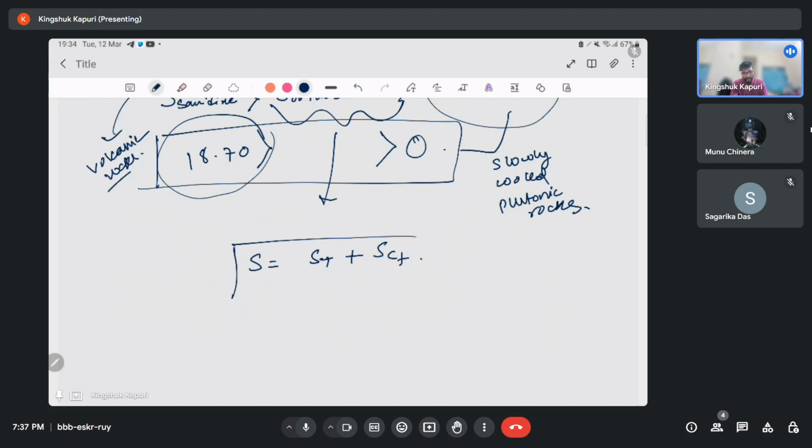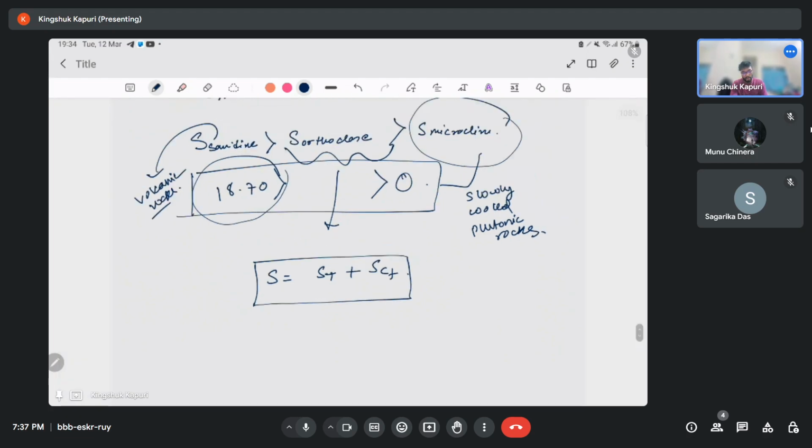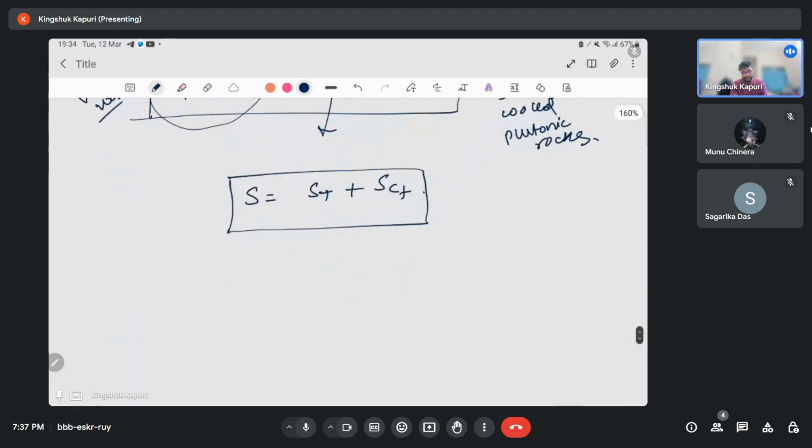The summation of thermal entropy and configurational entropy will give you the total entropy present in a system. Here we are referring to natural systems, right?